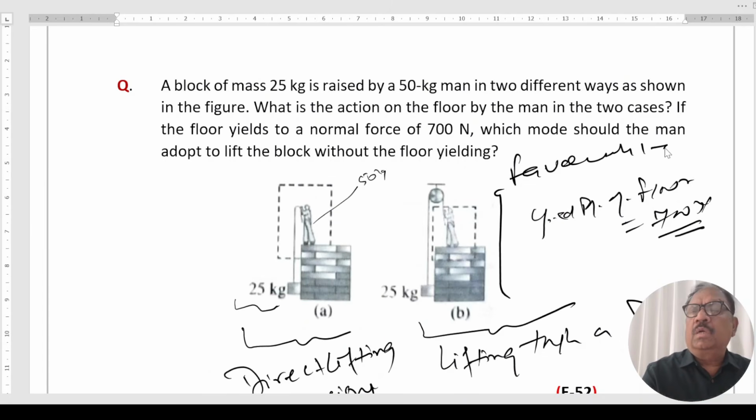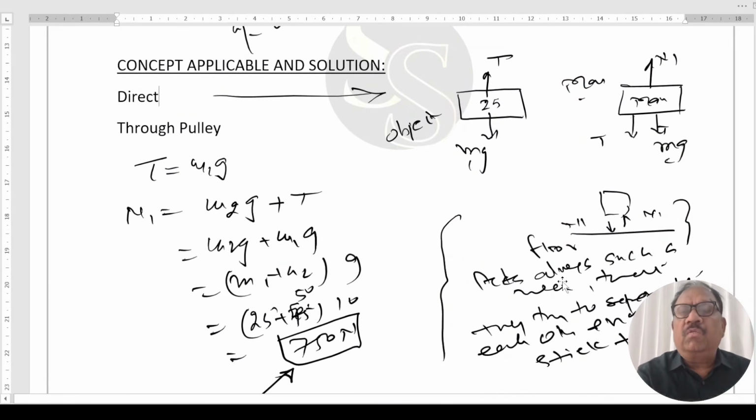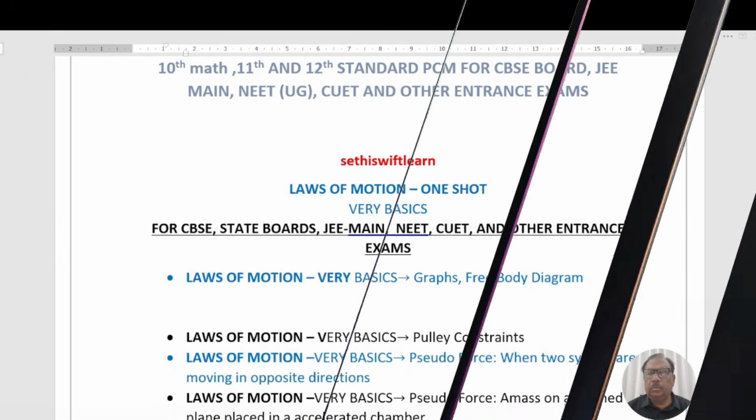In this case, the force is less than 700 Newton, that is 250 Newton. In the other case, it is 750 Newton. Let me tell you, the direction of tension is always in such a way that it tightens the string, not to loosen it. According to that, you have to move it, right? Now, next question.